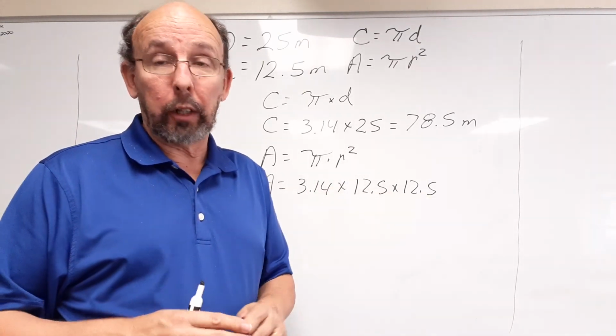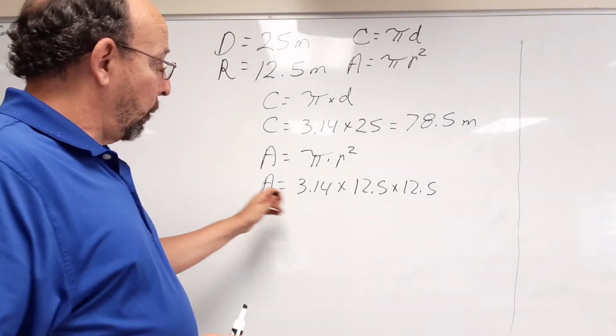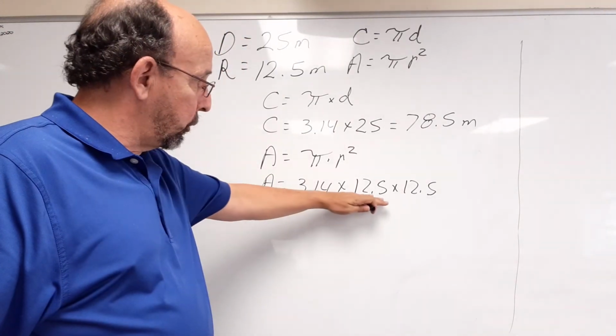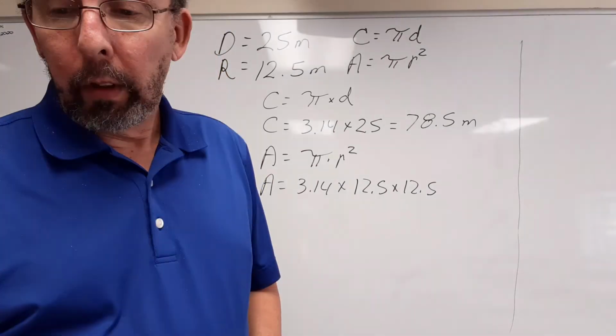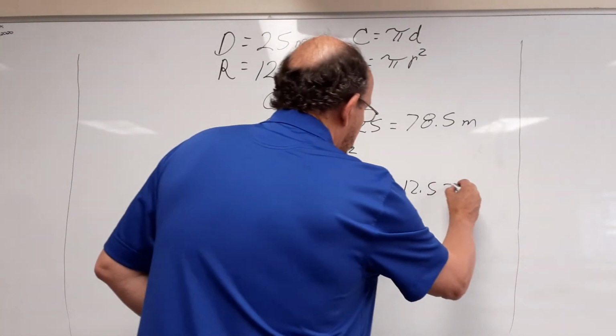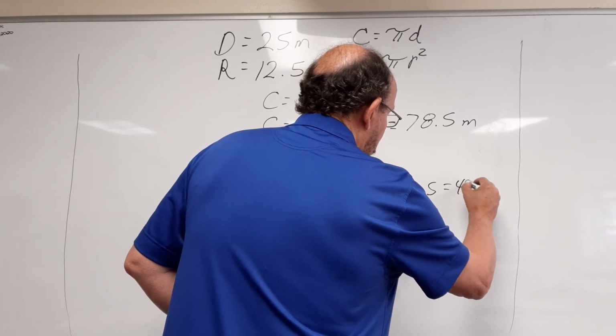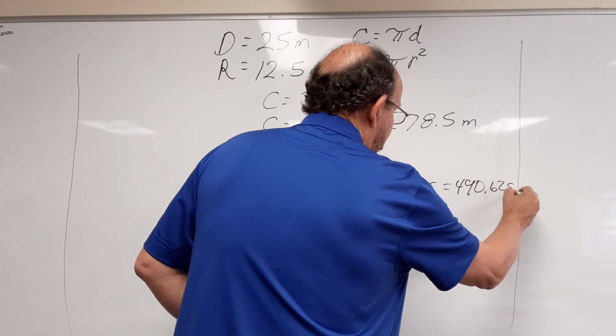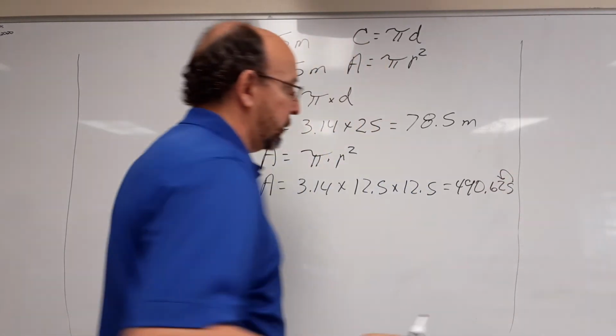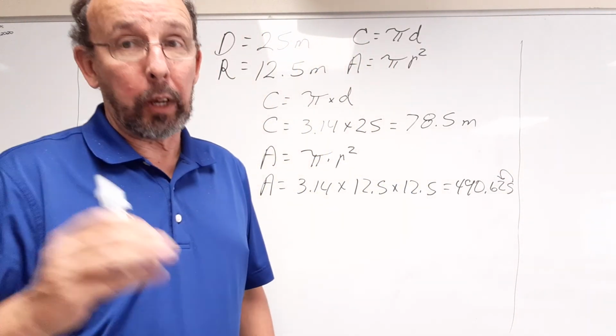If you see that on your calculator, that's fine. But 3.14 times 12.5 times 12.5, and that's going to give you 490.63. I think it's 0.625, which rounds off to 0.63. All right. That's how you do that.